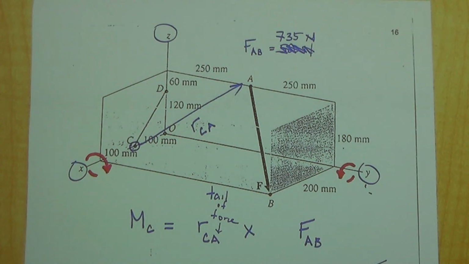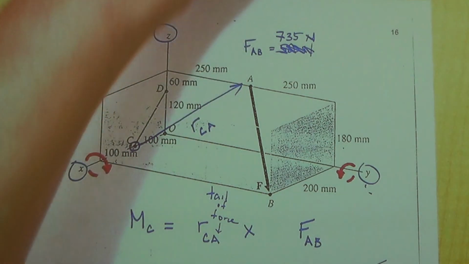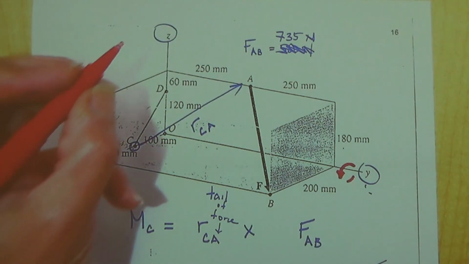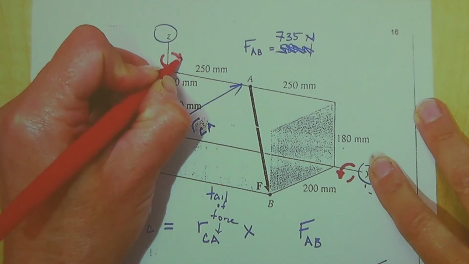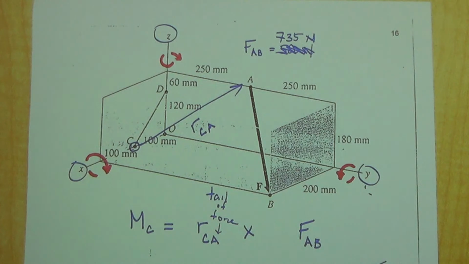Okay, let's do the Z. Put my thumb in the positive Z direction. If I get a positive Z, did I get a positive Z? No, so which way should my thumb go? Down. How's that? Does it look okay?